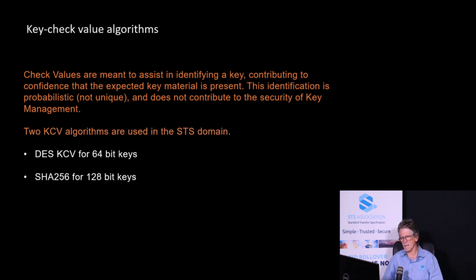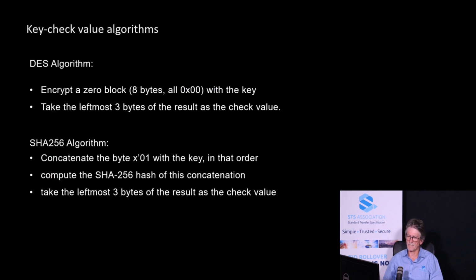There are two KCV algorithms used in the STS domain: a DES KCV for 64-bit keys and a SHA-256 KCV for 128-bit keys. So the DES algorithm says encrypt a 0 block, so that's 8 bytes of all 0, with the key that you're trying to get the KCV for.